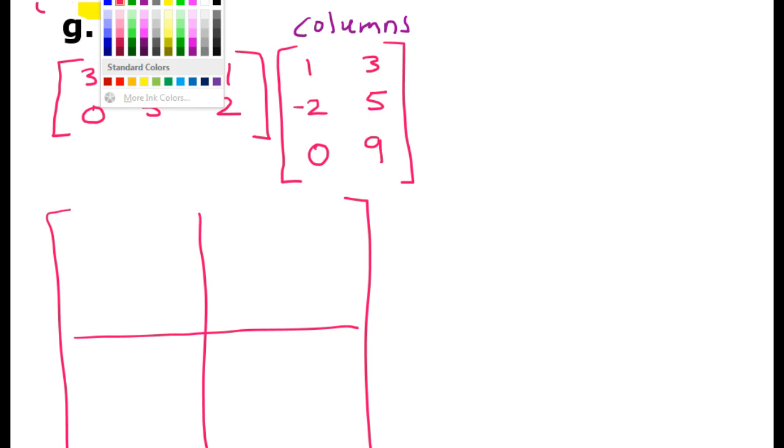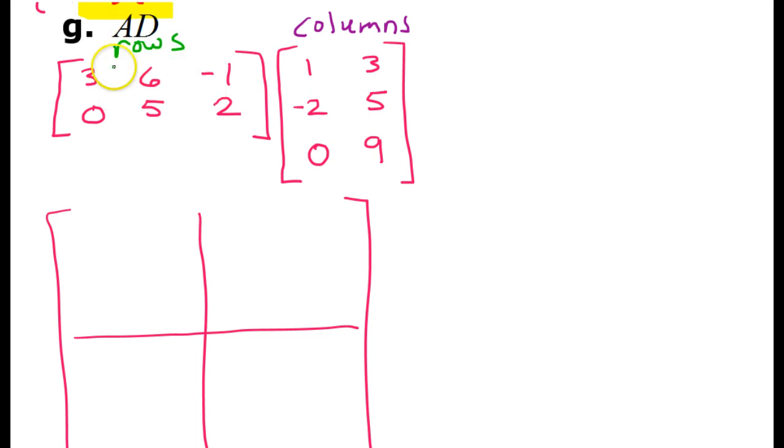Okay, so first of all, we have the first row, 3, 6, -1. Row 1 belongs in row 1 of the answer. So this is row 1, and it is 3, 6, -1.